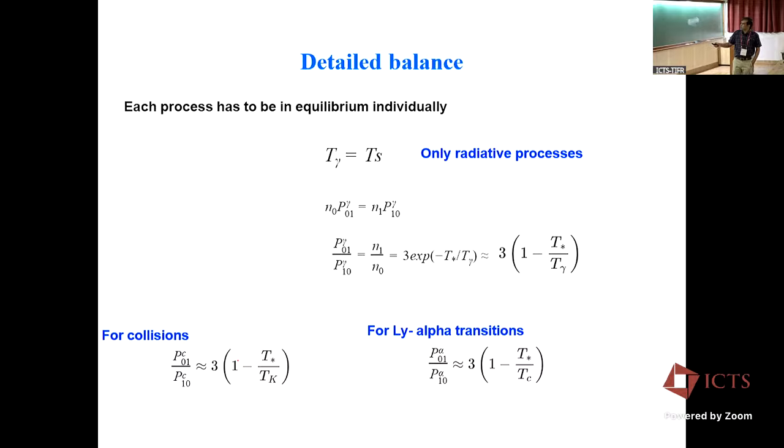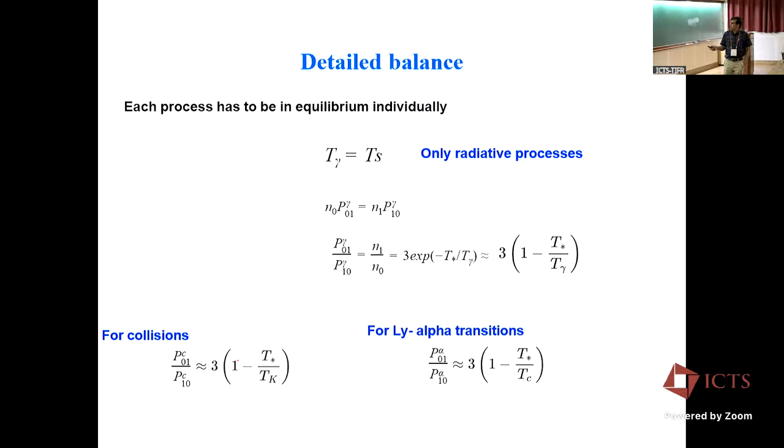Here this exponential term has been linearized as 1 minus T star by T gamma, because T star by T gamma is a very small quantity. T star is 0.068 Kelvin, but in fact T gamma is much more than that. During the epoch of reionization, it is around 30 Kelvin, 40 Kelvin.